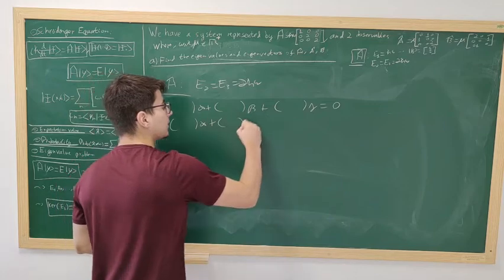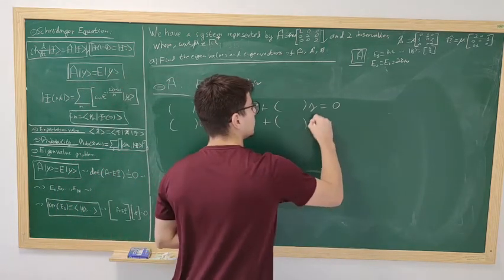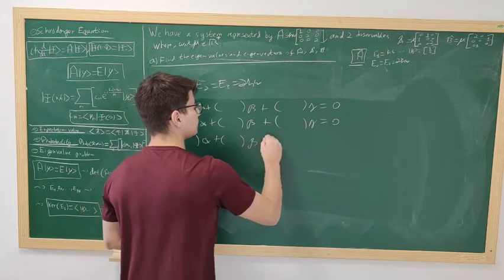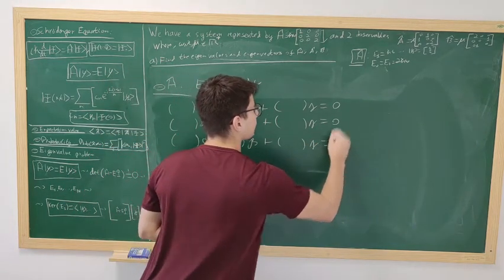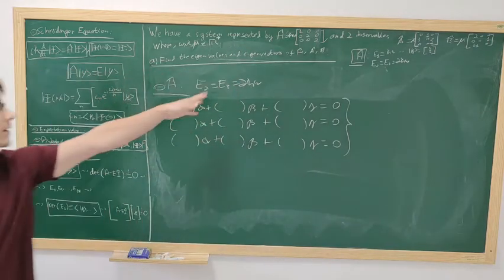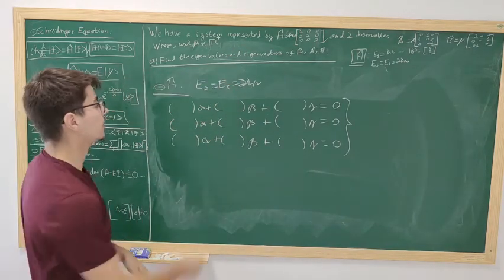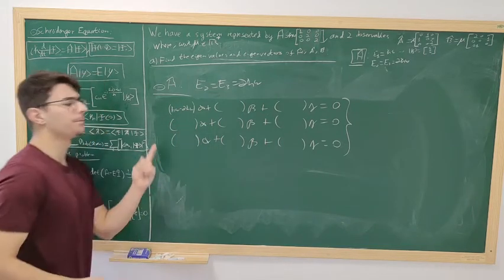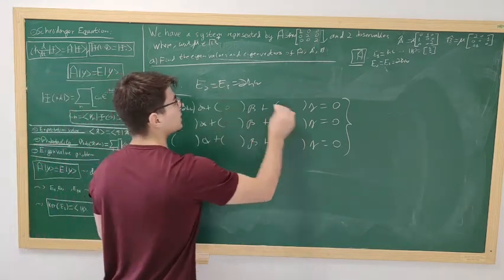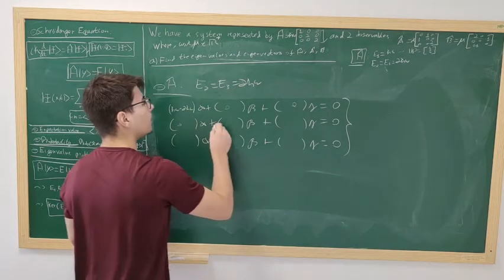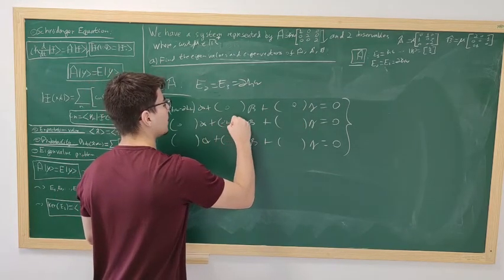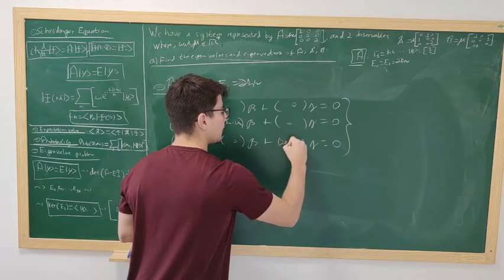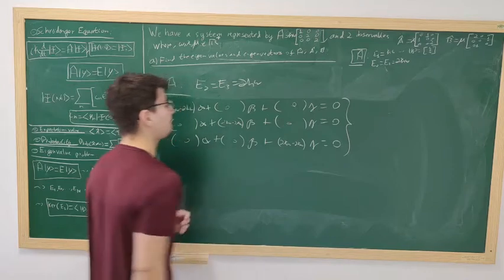Let me write it like this first, because we're going to use it for the other two. We have to subtract E2 from H, so here we will have ħω minus 2ħω, and here we'll have 0, 0, 0, 2ħω minus 2ħω, 0, 0, 0, and 2ħω minus 2ħω.